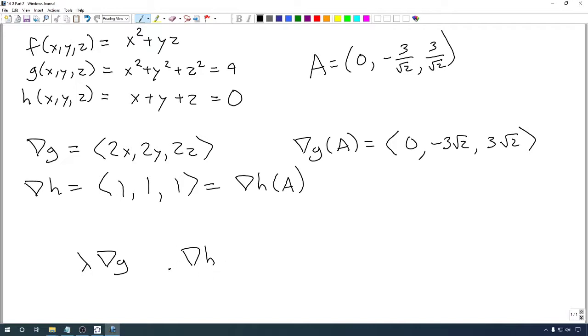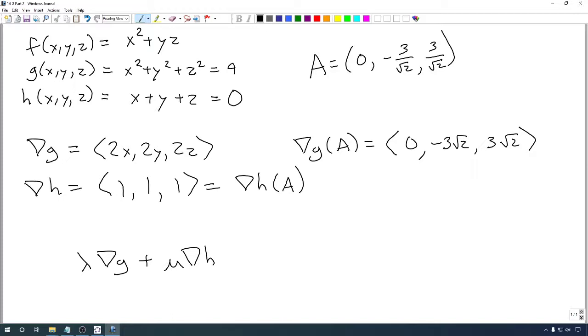And for gradient of h, any multiple of that, we'll use a Greek letter mu. And then any sum of those will also be in that plane. In fact, anything of this form for some lambda or mu is going to be in that plane, and any point in the plane is going to be in that form.